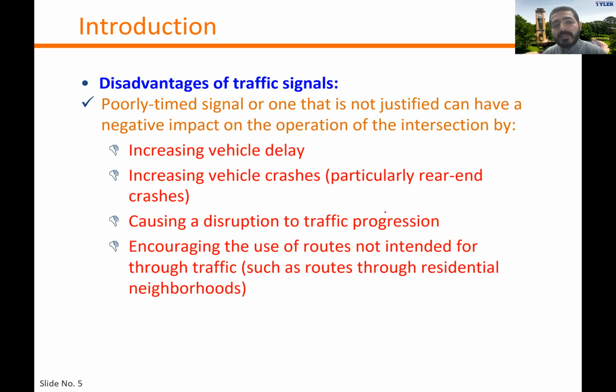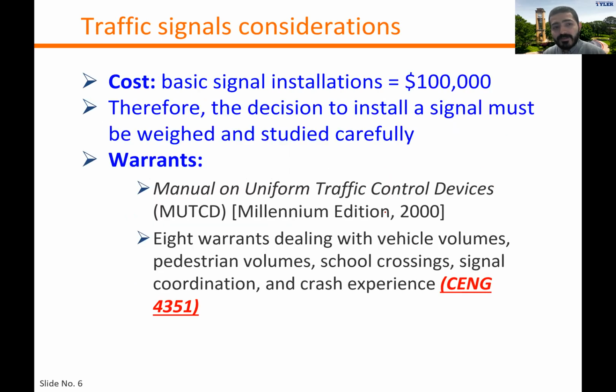But if they are not designed right, or if there was no need to have a traffic signal there, maybe a stop sign or an all-way stop sign or yield sign would have worked, but we insisted on putting a traffic signal, it may actually introduce certain types of delays, as well as certain types of accidents, sadly to say. Also, the cost is not that cheap. Just to install a basic signal installation on one of the four legs, it's about $100,000.